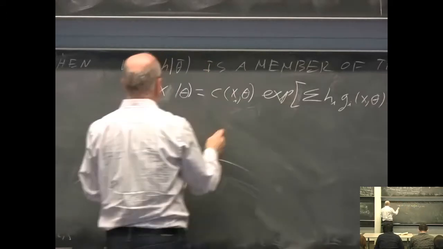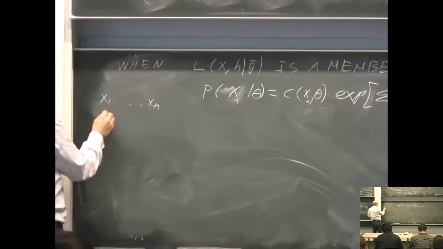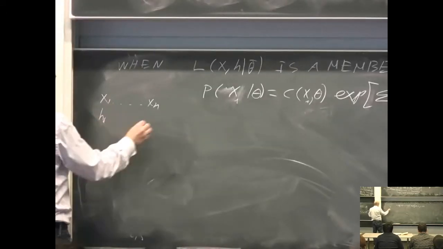So the data is x1 through xn, and in parallel with it there's the h part, h1 through hn.